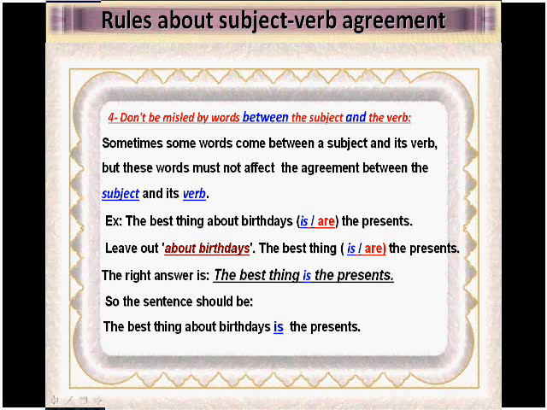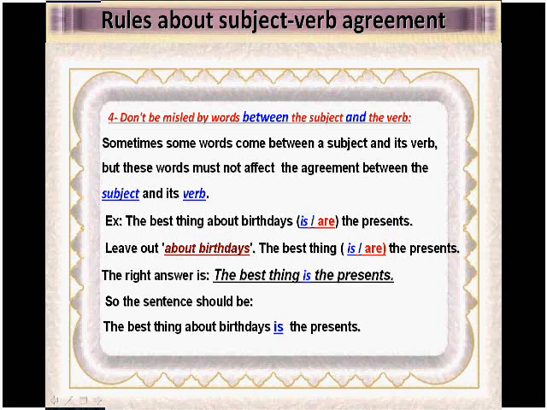So don't be misled by using here birthdays as plural and is the verb as singular. Remember, the subject is the best thing, which is singular, and not birthdays. So that's why if we have the best thing, which is singular, then I should use the verb to be in the singular case, which is.